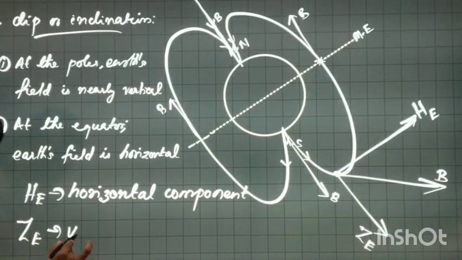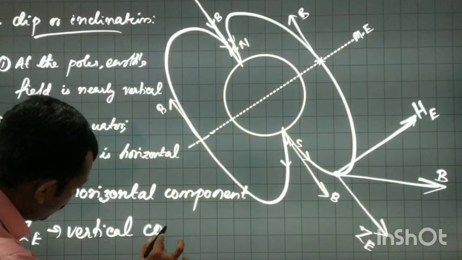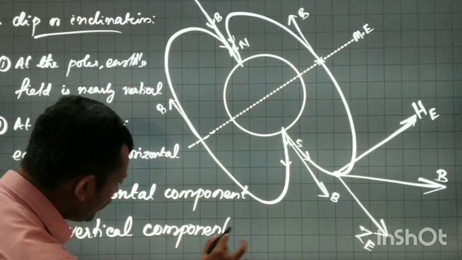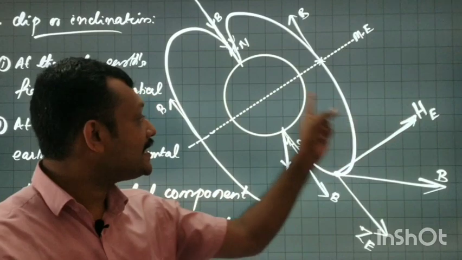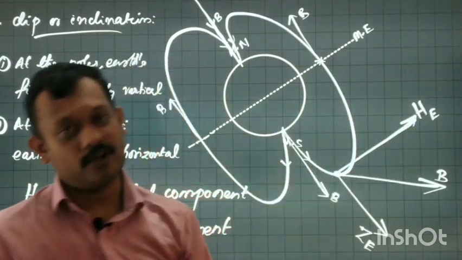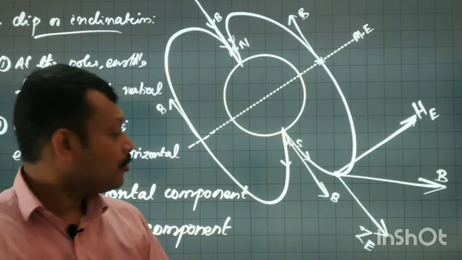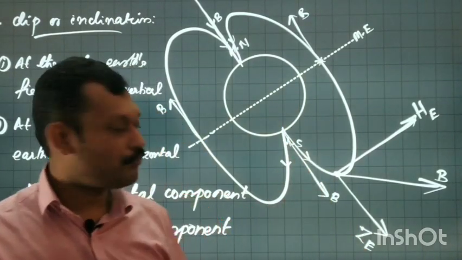ZE is the vertical component of the Earth's field. Why is HE called horizontal? Because it is parallel to the surface of Earth. Why is ZE called the vertical component? Because it is perpendicular to the surface of Earth.